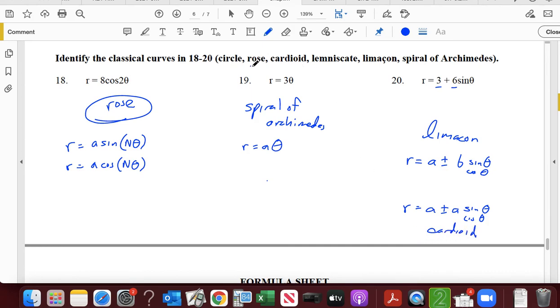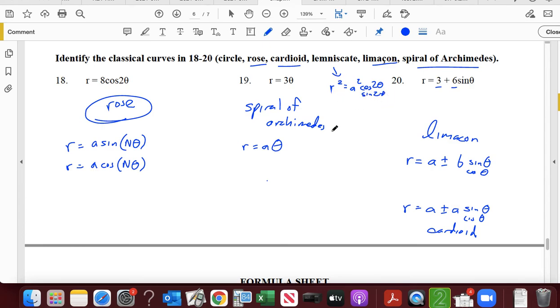So we talked about the rose, the cardioid, the limaçon, the spiral of Archimedes. Remember our lemniscate, just for future reference, is r squared equals a squared cosine 2 theta, or sine 2 theta.